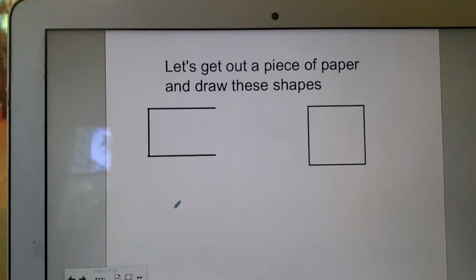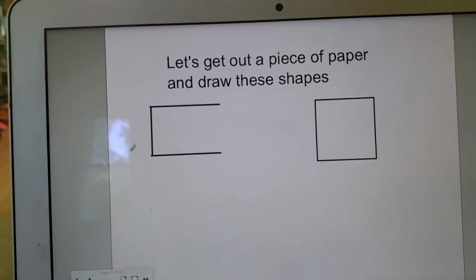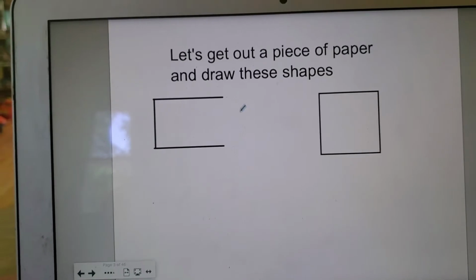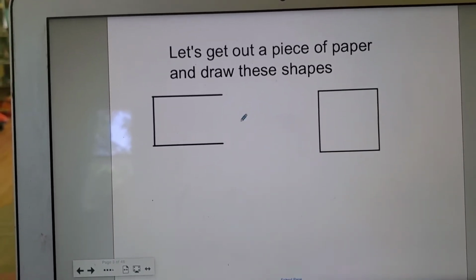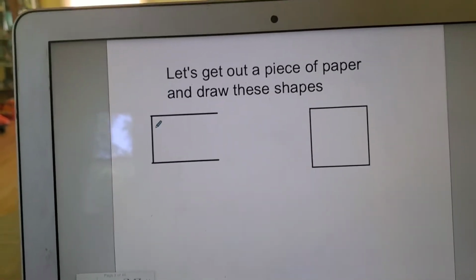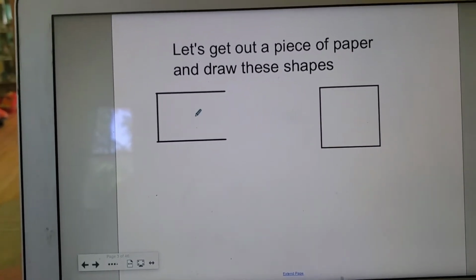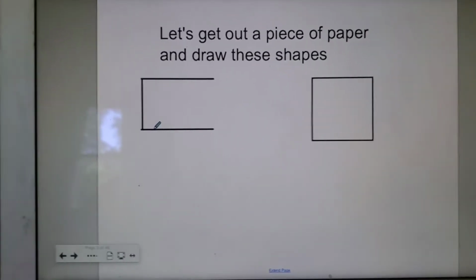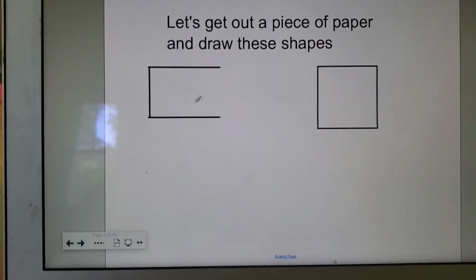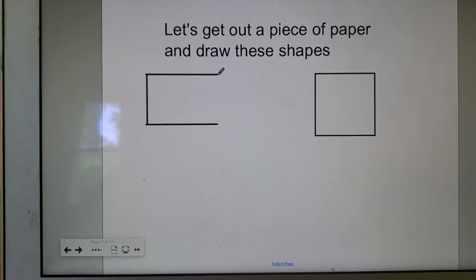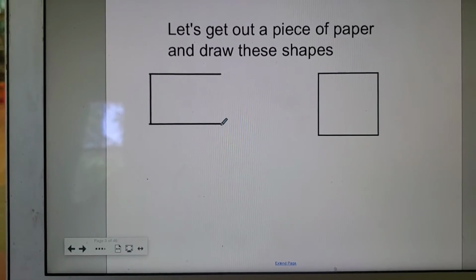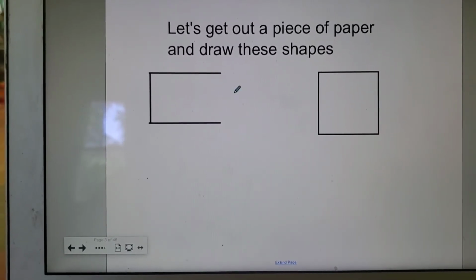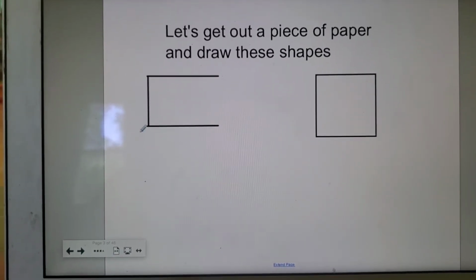Okay, so now that you are done, I want you to look at this figure right here, this shape. What do you notice about this figure? You're right. It doesn't have a fourth side, so it's open. This is called an open figure.